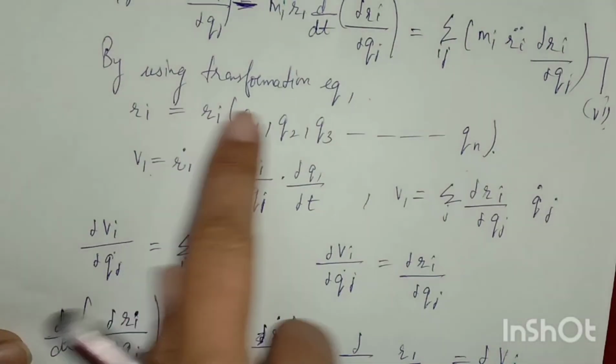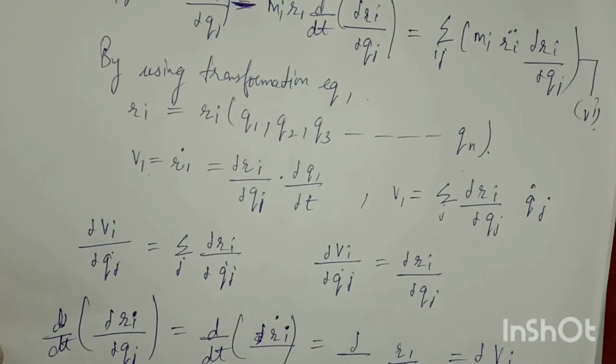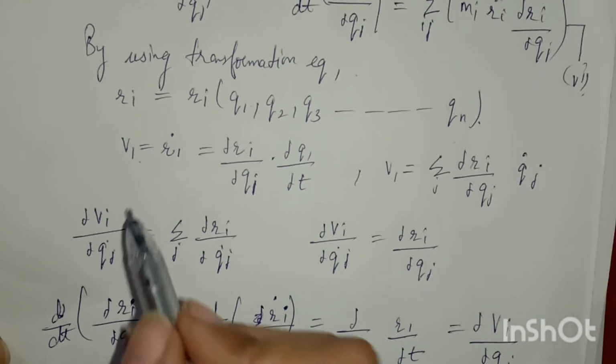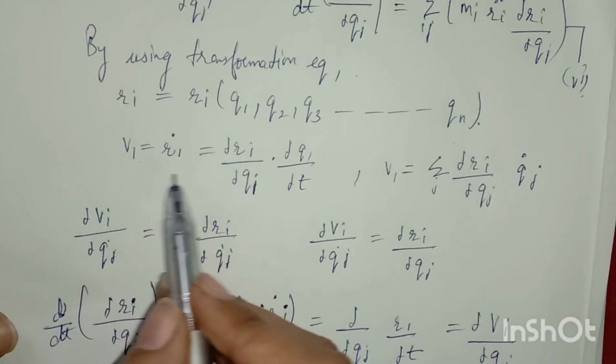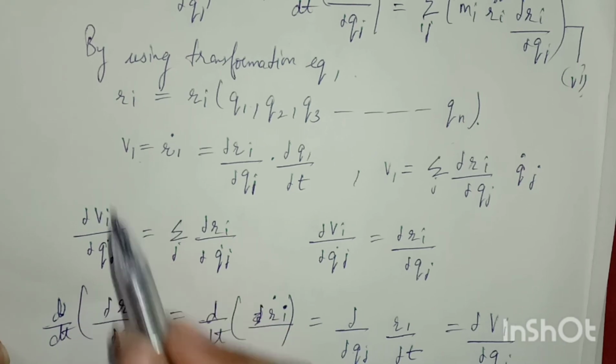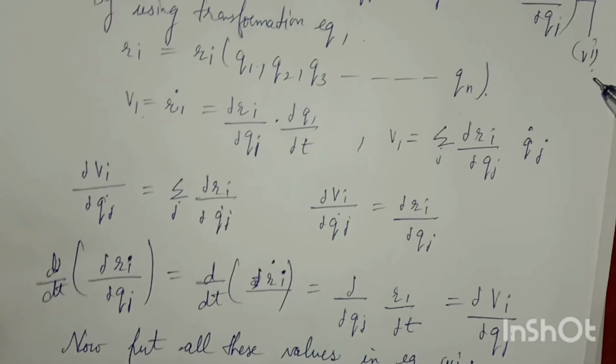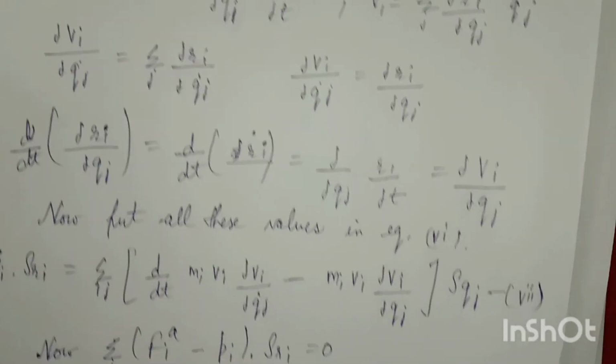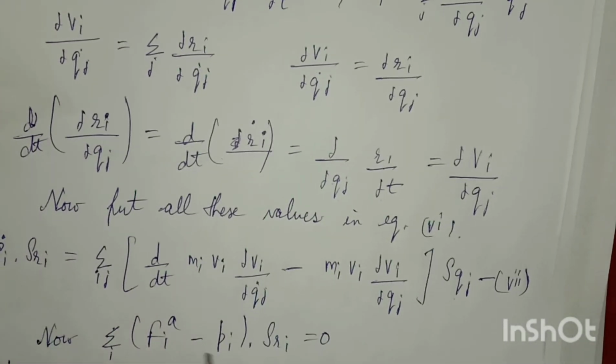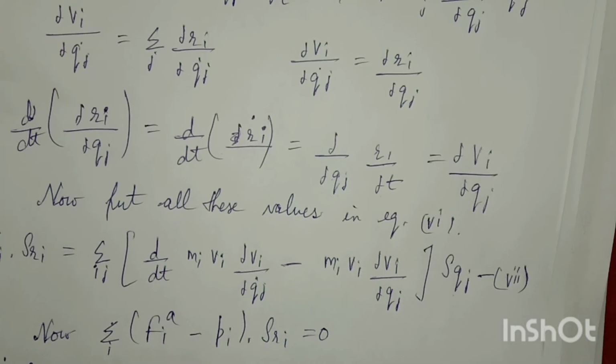Then we get this equation. Again, by using the transformation equation we can write the change in displacement, which is equal to velocity. Then we put the value of all in equation number 6. Then p_i dot delta r_i is equal to this one, d/dt of m_i v_i into ∂v_i/∂q̇_j minus m_i v_i ∂v_i/∂q_j, into delta q_j.